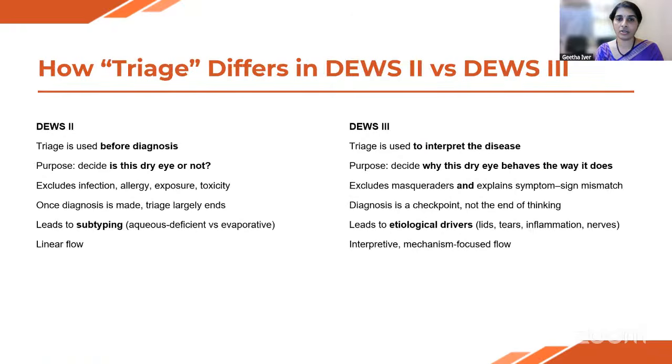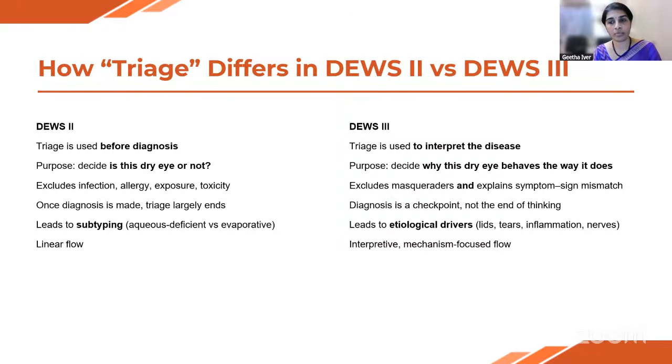And how triage differs in DEWS 2 versus DEWS 3 is that in DEWS 3, triage is used to interpret the disease. In DEWS 2, triage was always used before the diagnosis, and the purpose was to decide whether this is dry eye or not. Whereas in DEWS 3, the purpose of triage is to decide why this dry eye behaves the way it does, and it excludes masqueraders and explains the symptom sign mismatch.